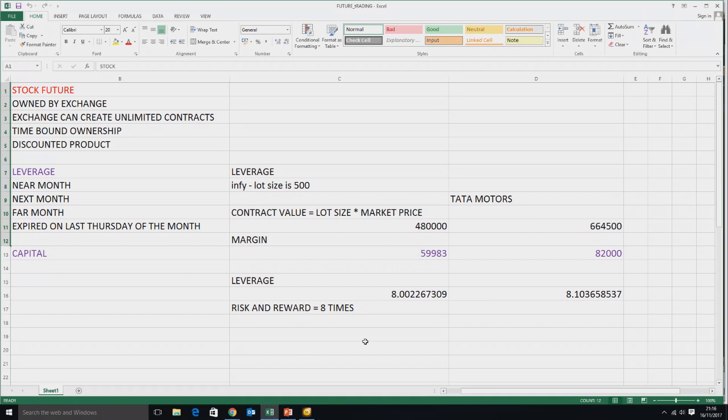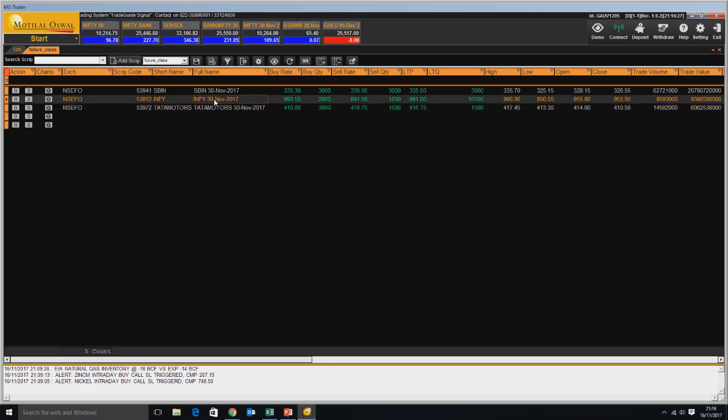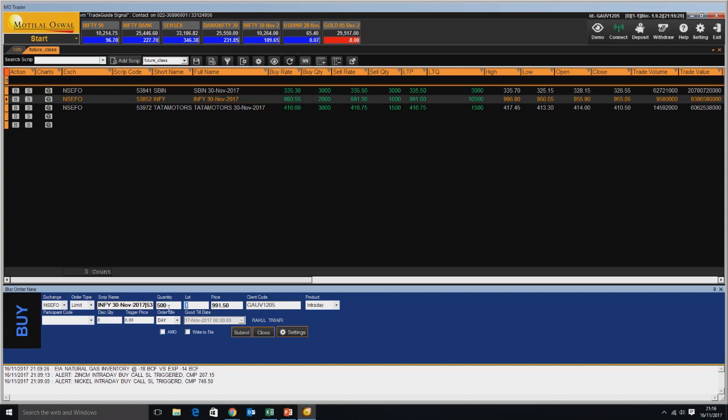For Infosys, if I have to buy or sell something, the lot size is 500 and the current price of Infosys in futures is 991. Basically you have to do the calculation from the spot, but there is not much difference, just 2-3 points. So for understanding the concept, we are just taking the futures price.